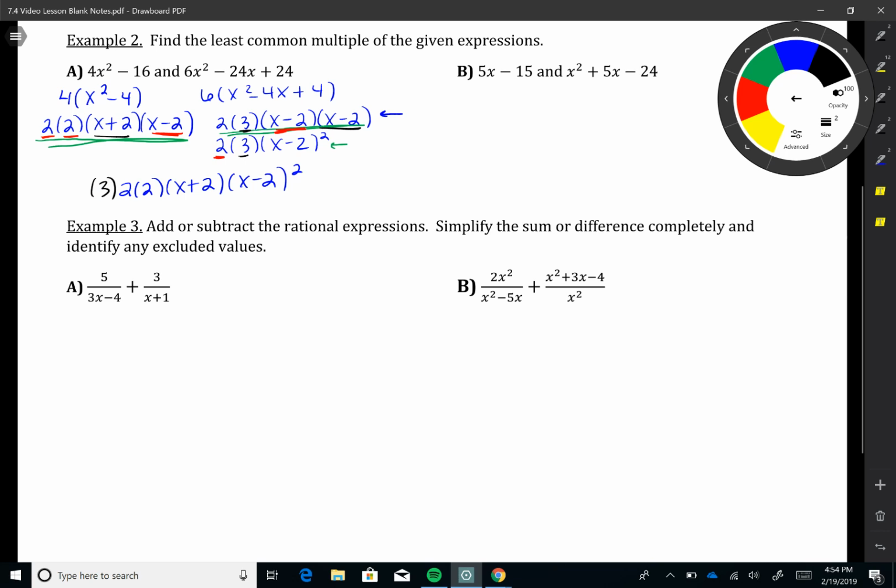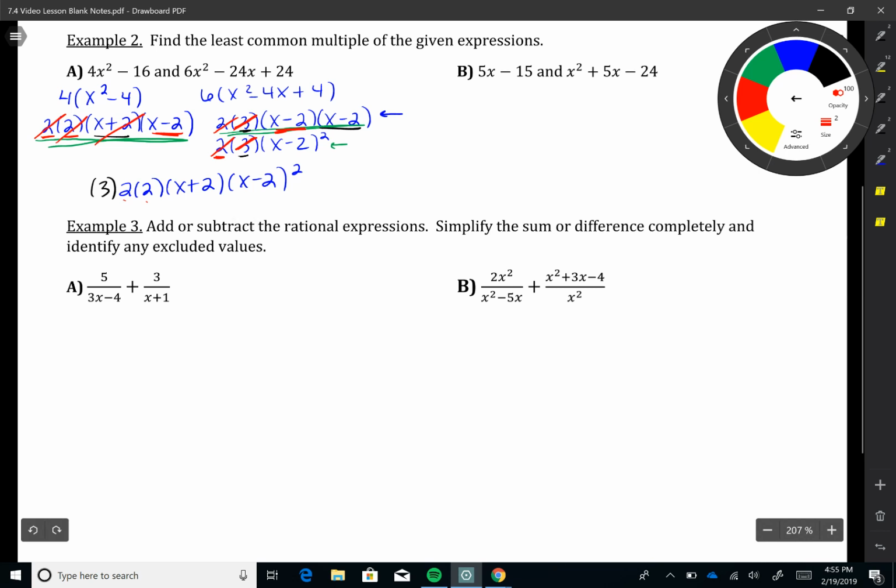So let me just show you. I'm going to cross out everything I see and make sure that I've crossed out everything in both denominators. So I have a 3. I'll just use red. 3. That would cross off this. Then I have 2 2s over here and I have a 2 over here, so that would cancel that as well. Then I have x plus 2. There's x plus 2.